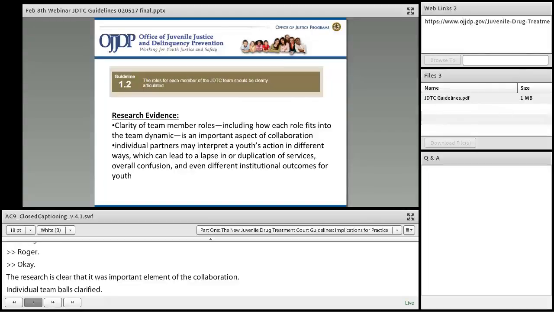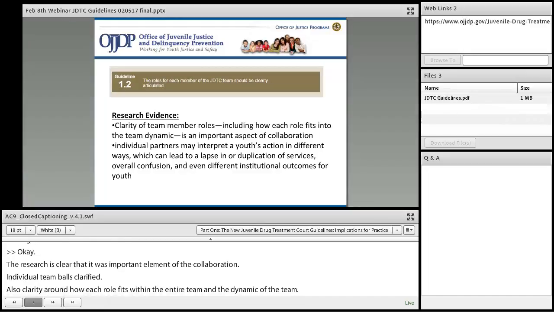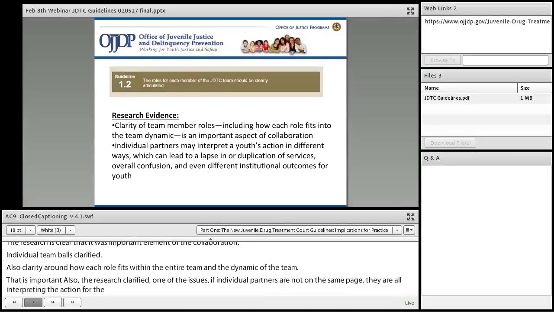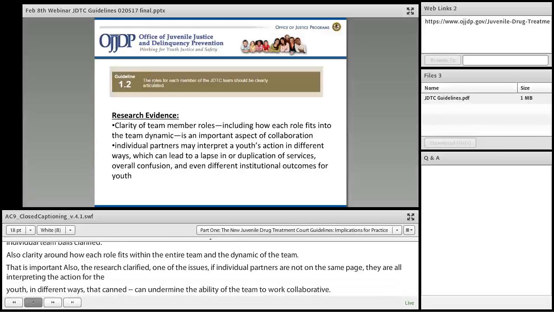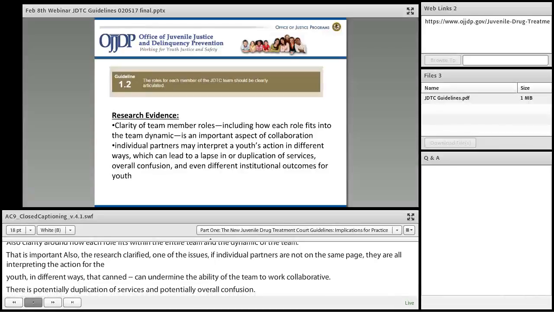And also, the research clarified that one of the issues here is that if individual partners are not on the same page, right, so that they're all interpreting the actions of the youth in different ways, then that can undermine the ability of the team to work collaboratively, right? So there's a lapse in or potentially duplication of services and potentially overall confusion. And that's related to different outcomes for various youth as well. So it's important to provide clarity here.